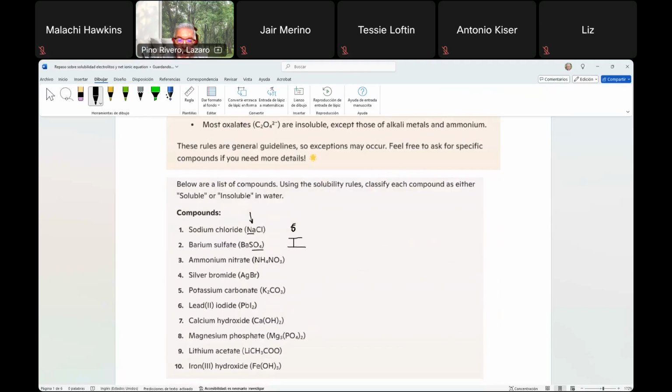What about ammonium nitrate? Soluble or insoluble? Soluble. Yeah, for two reasons, for ammonium and for nitrates. Okay? What about silver bromide?